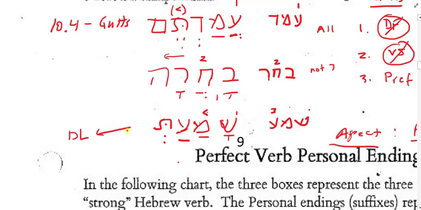And the one thing that's peculiar here is that that's a vowel sound, and this tav is a begadkefat letter, that dagesh lene should go away, shouldn't it? But look at your book. What do you see here? Yeah, that's crazy, isn't it? That dagesh lene gets to stay right where it is.